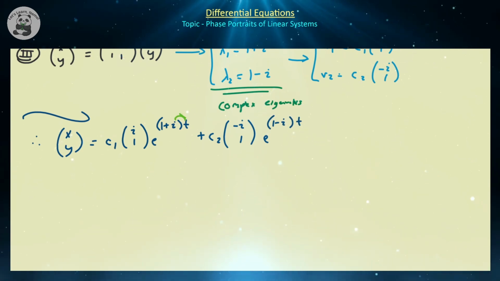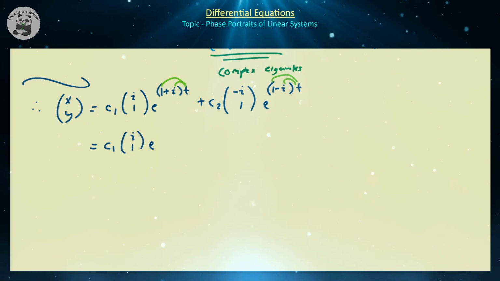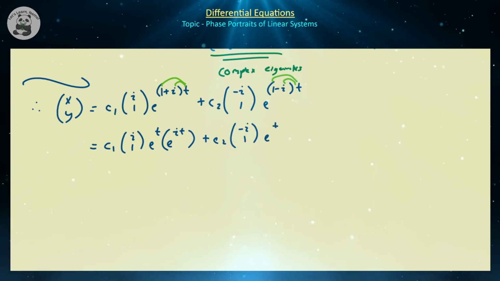What I want to do is distribute this t into this parenthesis, and please don't forget the t. That's going to give us C1 (i, 1) e^t e^(it) plus C2 (-i, 1) e^t e^(-it). Now what's going on with this i stuff?